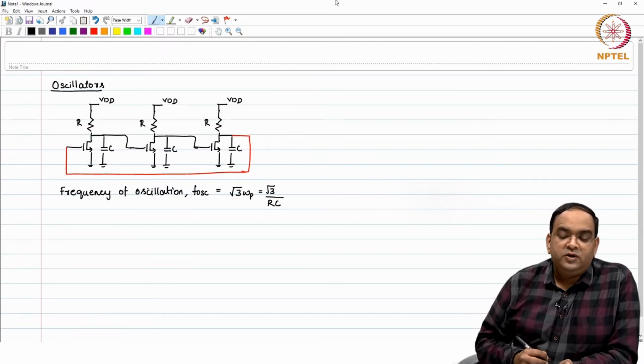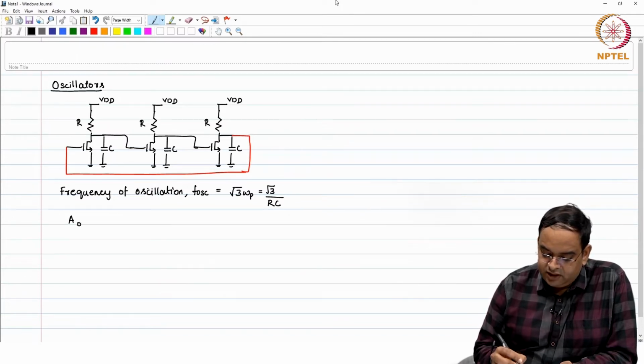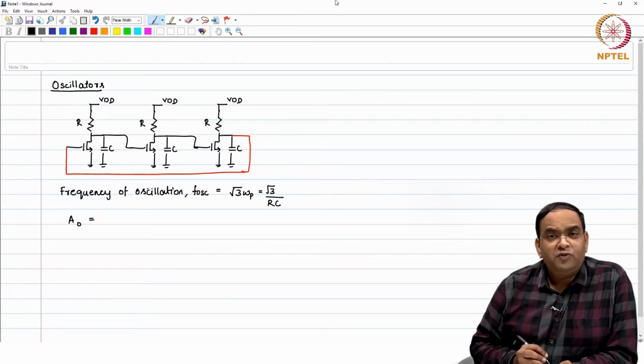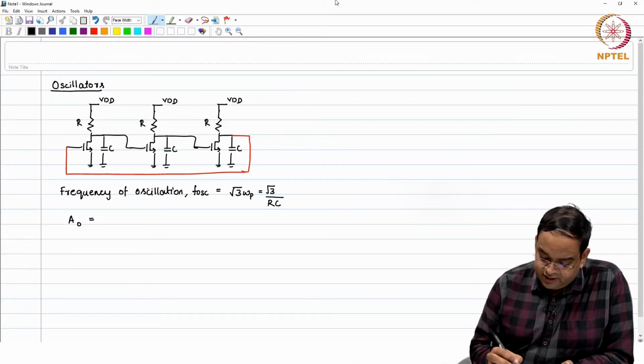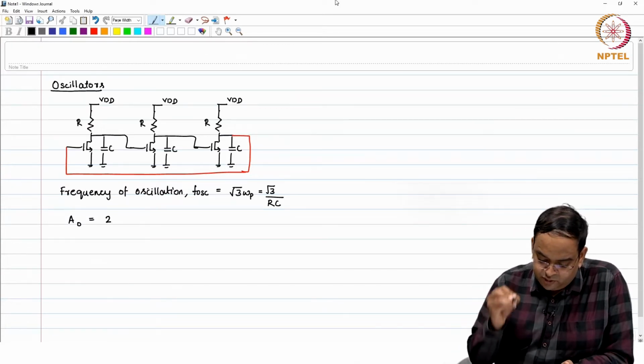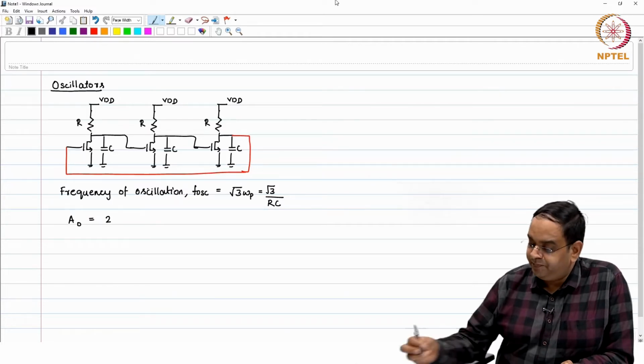So, this was the frequency of oscillation, and we also told you will have sustained oscillations if the DC gain of each stage was equal to 2. Okay. So, given that the DC gain of each stage is equal to 2, you will have sustained oscillations here.